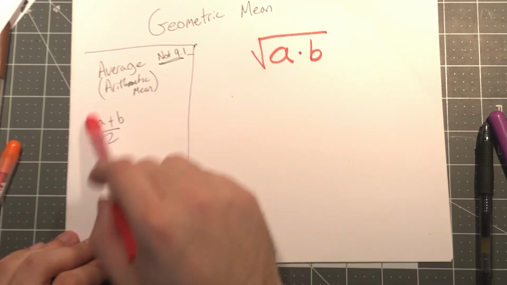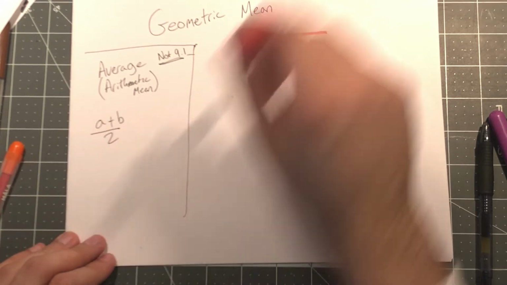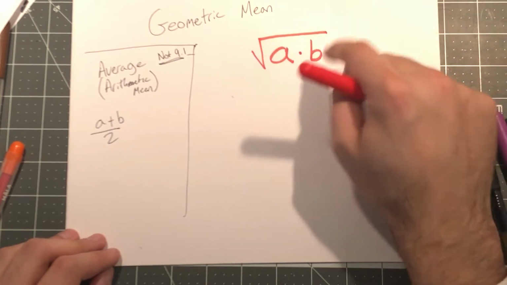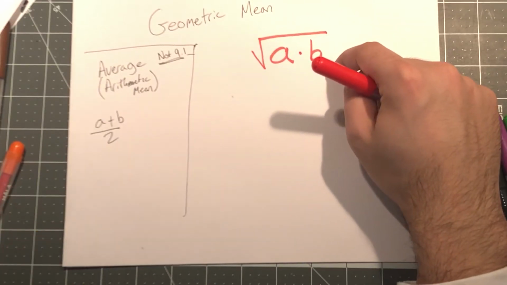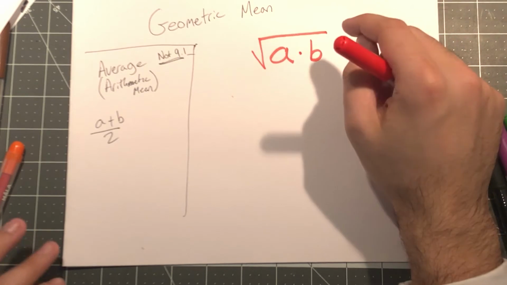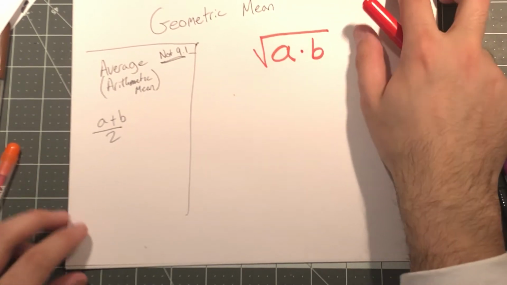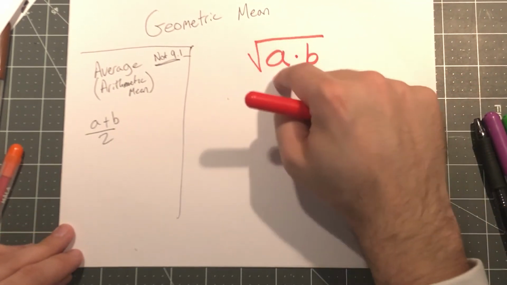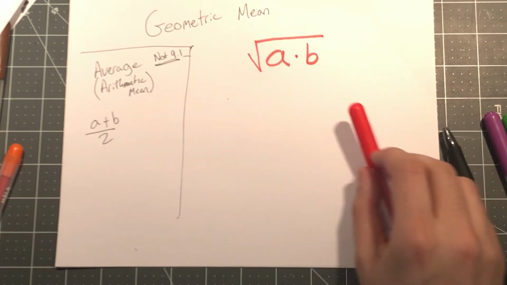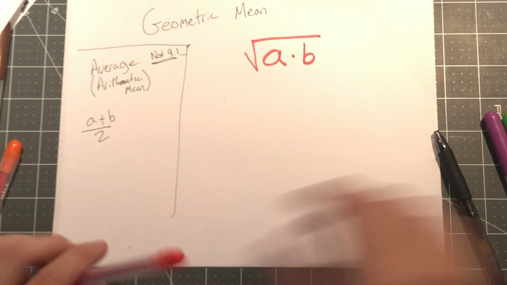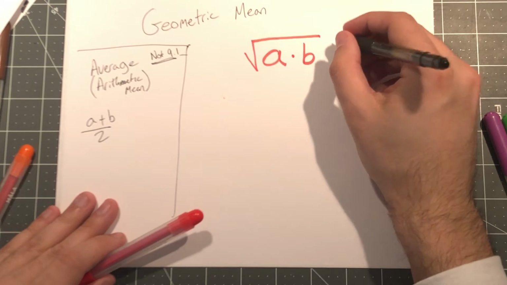And this has a lot of uses, a lot of things that show up in life. At the end of this video, I'm going to show you a way that this shows up, especially in some of the things I do when I'm not teaching, but some of the stats that I use. So this is the geometric mean. Multiply two numbers together and square root.